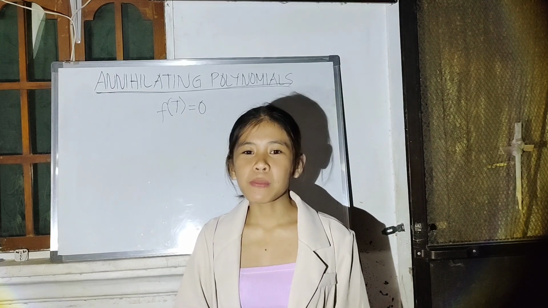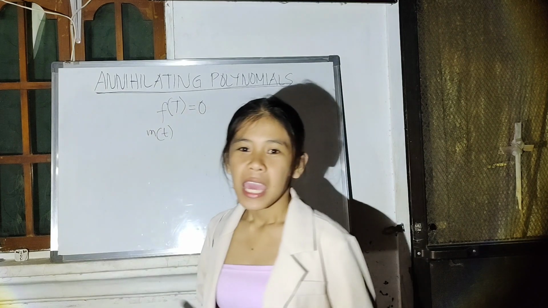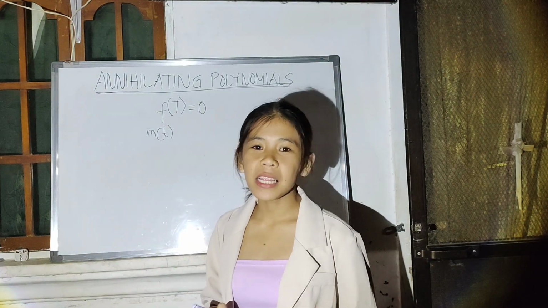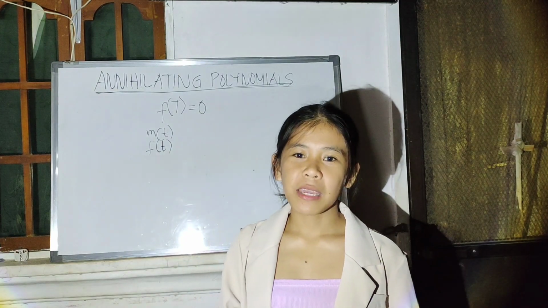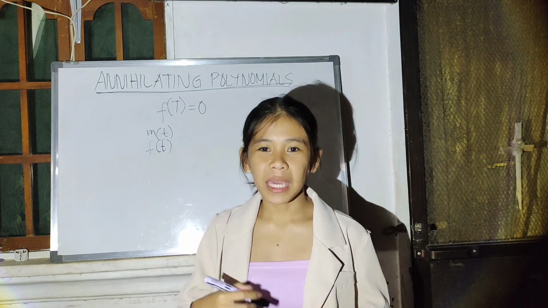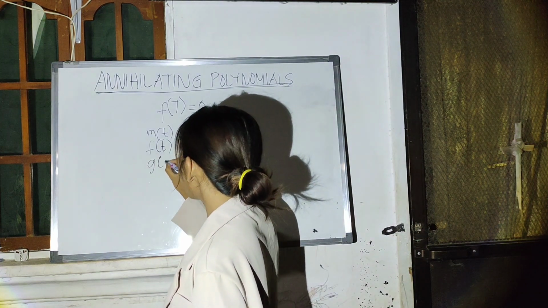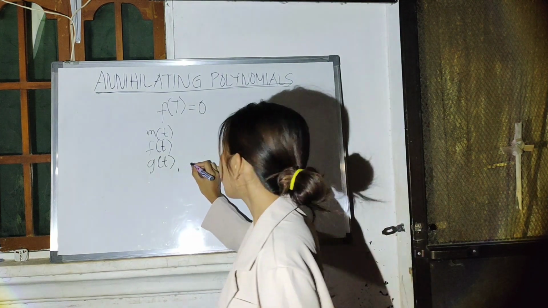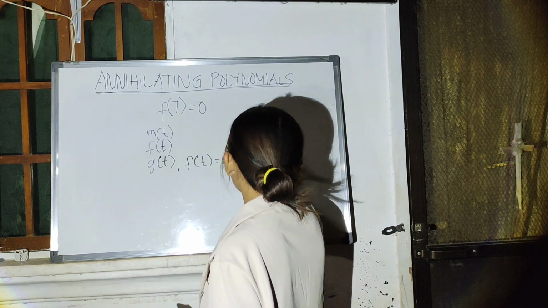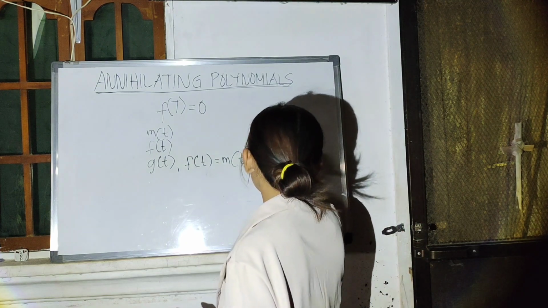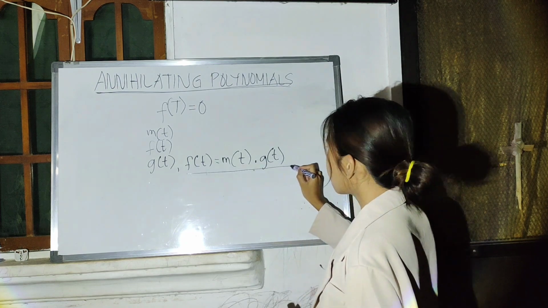Sa mathematical terms naman, if yung m of t natin is the minimal polynomial and the f of t naman natin is the characteristic polynomial, may mag-exist na another polynomial which is g of t, such that f of t is equal to m of t times g of t. Ito yung magiging exist na another polynomial.